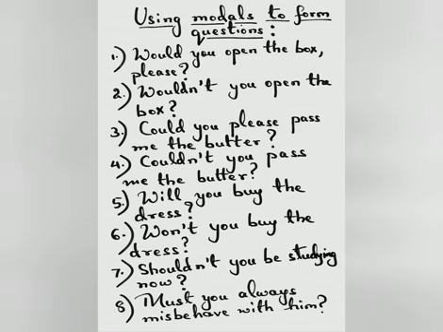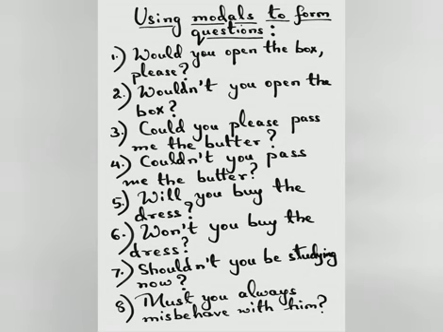Suppose you are sitting with some friends for lunch or for a dinner, and you want the butter, so you can use this polite expression to make a request for the butter. In the fourth sentence, we are using the negative form. Couldn't you pass me the butter?